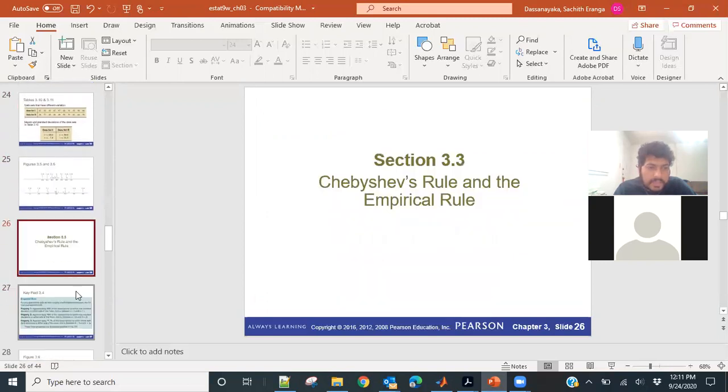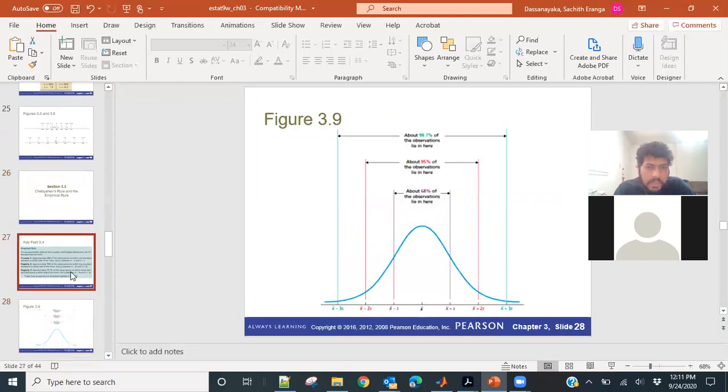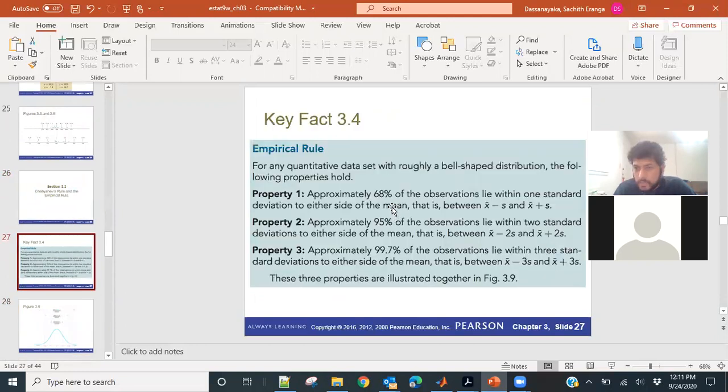Okay, let's check this empirical rule. There are three properties in this empirical rule. For any data set, the following properties hold. Approximately 68% of the observations lie within one standard deviation. What does one standard deviation mean?